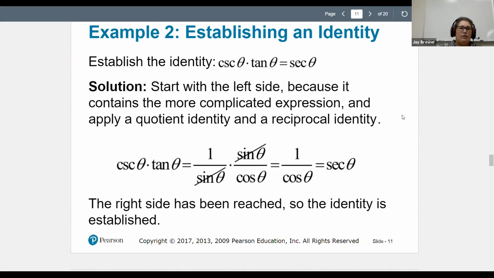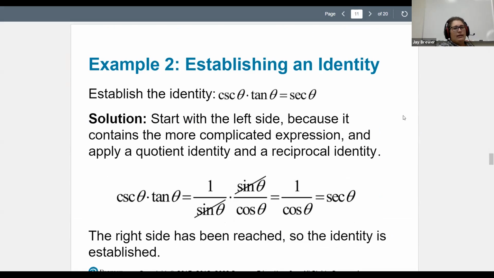All right. Example 2, establishing an identity. To establish an identity, they're giving us an example here of cosine theta times tangent theta equals secant theta. So they rewrote in terms of cosine and sine, and then at the very end, they realized that 1 over cosine theta equals secant theta. So they have proved what they needed to prove. All right, makes sense?